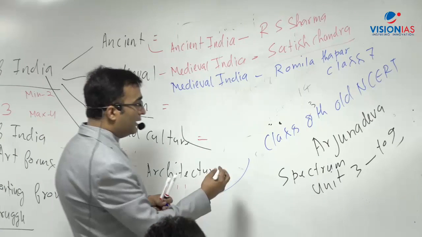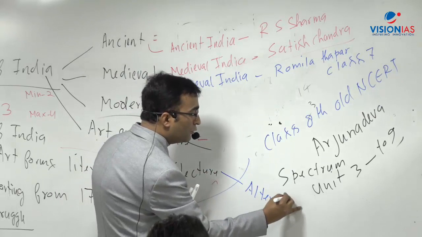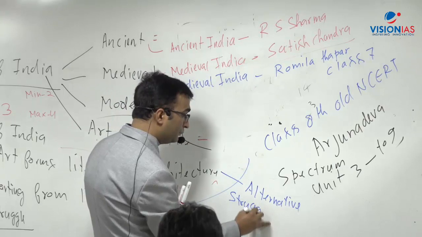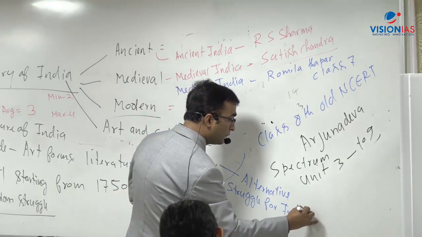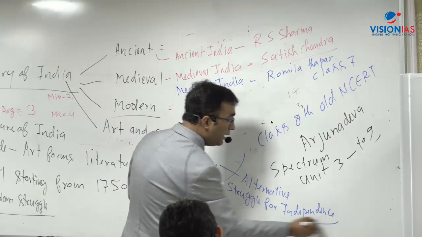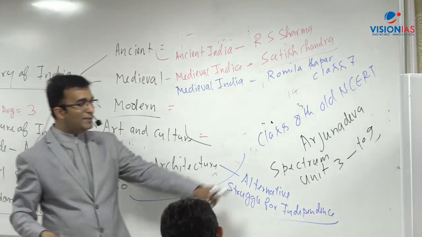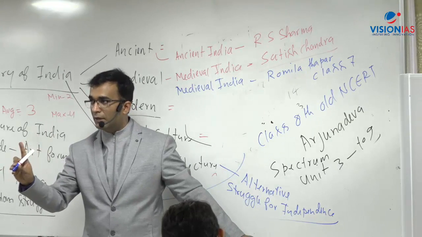Here I'm writing alternative source, and that would be the Struggle for Independence. But this is an alternative source. Alternative means that you can choose between either Spectrum or this one. Don't go for both. Read only one, if you want to read, okay?